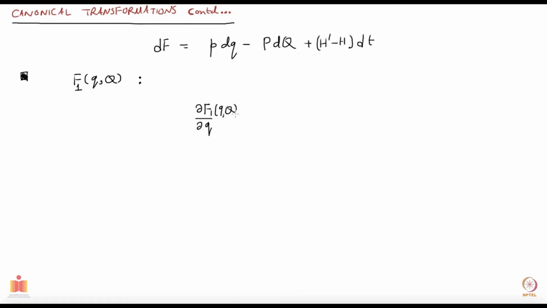Let me emphasize this. And this gave us p, and then the next was capital P equal to minus del f1 over del capital Q, and here we had small q and capital Q, and I believe there was a minus sign.